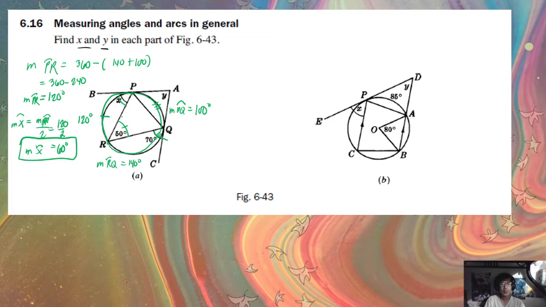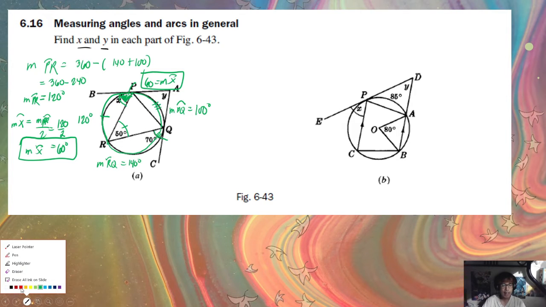Now, the measurement of arc PR again is going to be 120 degrees.